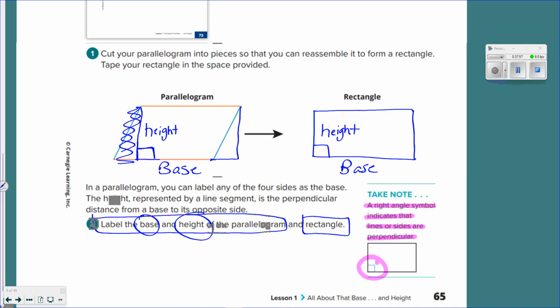What do we know about the height of the parallelogram related to the height of the rectangle? They're both the same. The height from top to bottom. They both have the same height.